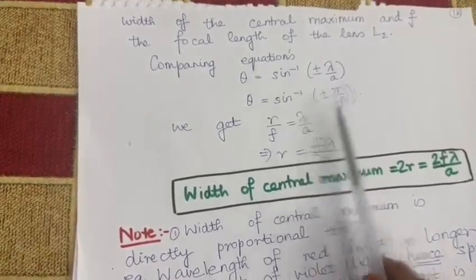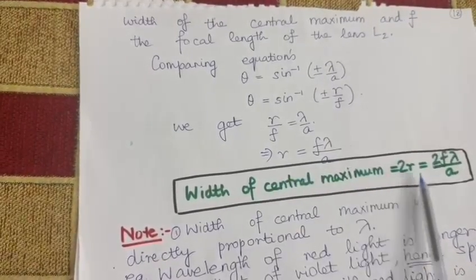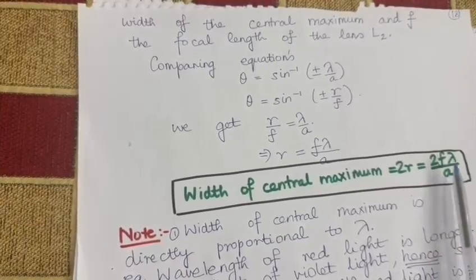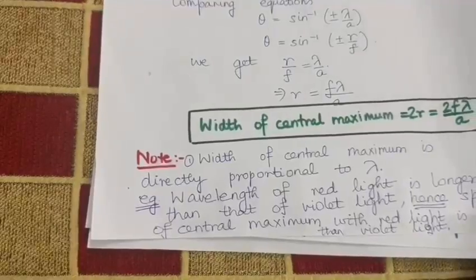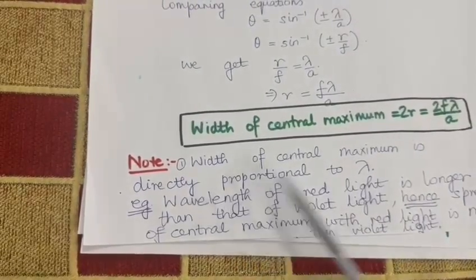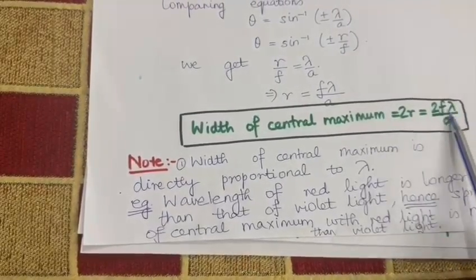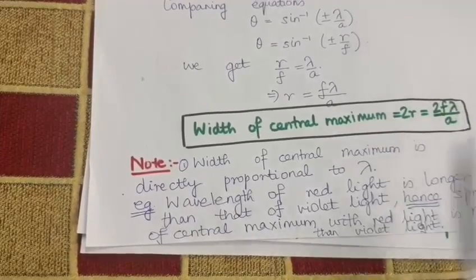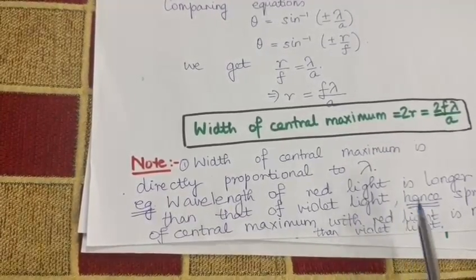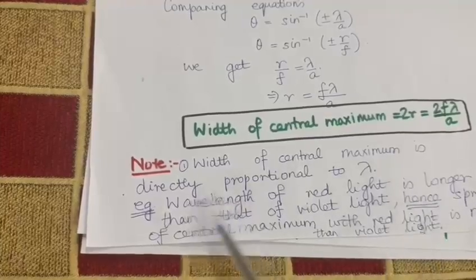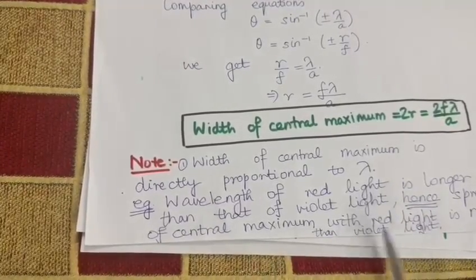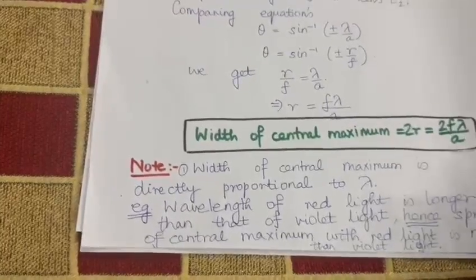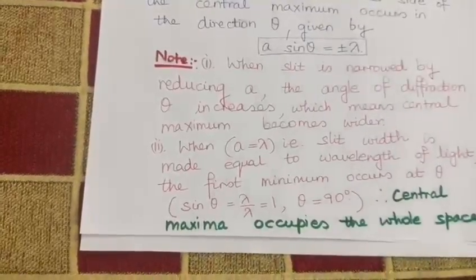We compare these two quantities and we get the width of the central maxima as 2f lambda by a. So the width of the central maximum is directly proportional to lambda, and that is the reason why, since the wavelength of red light is longer than that of violet light, the spread of the central maximum with red light is more than that of violet light.